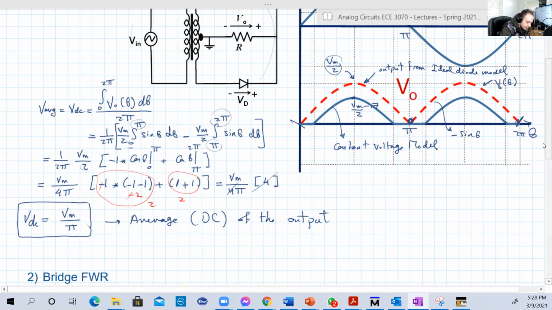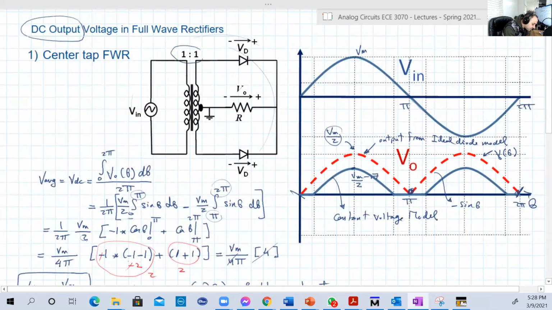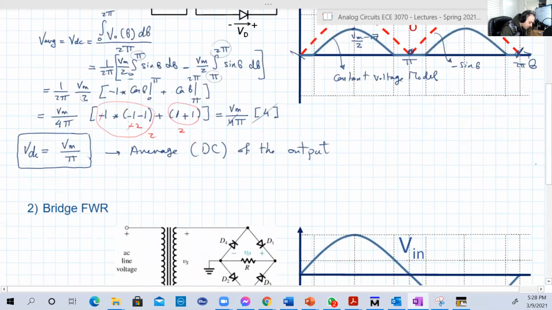But remember, this is 1-to-1. So if the transformer ratio is 1-to-2, this will be, for example, 2 V maximum over pi, will be doubled. So this is with N primary to N secondary equal to 1-to-1.